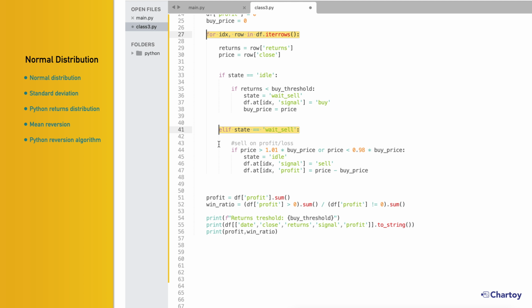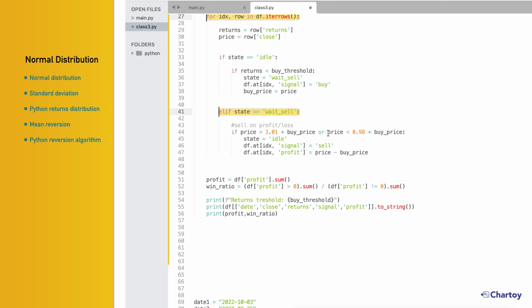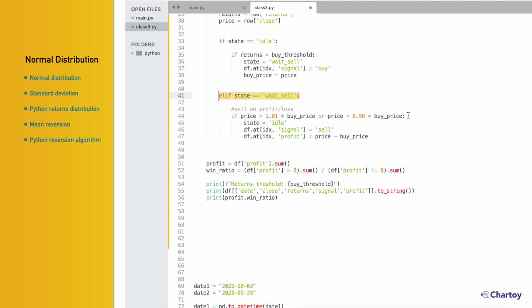Now, because we bought it, we change our state in the state machine to wait sell. So now each iteration of this for loop, we're going to jump right into the state of wait sell, right? Because this is the second state. In this state, we essentially wait for one of two things to happen: we make a profit or we have a loss. So we're asking when is the price of the stock larger than 1.01 of the buy price, which means 1%.